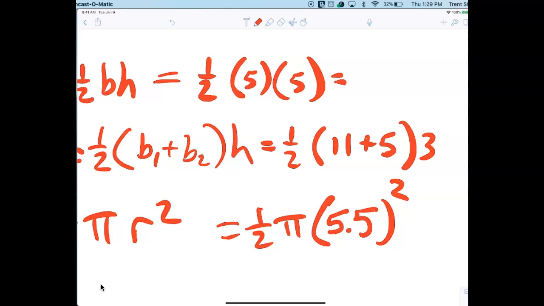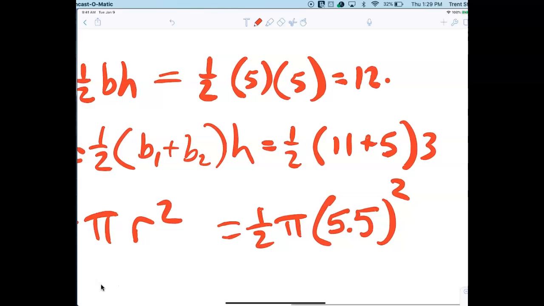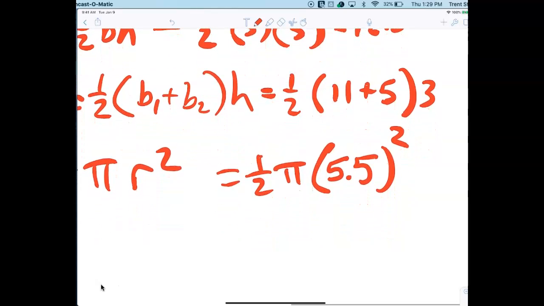You did 5 plus 5 and took half of it. What's 5 times 5? Now I take half of 25. Come on, use your calculator. Make sense? Yeah. All right, come on. Get back on the game. 12.5. All right? 11 plus 5. You don't need a calculator for that. It is 16. Half of 16 is 8. 8 times 3. Yep.